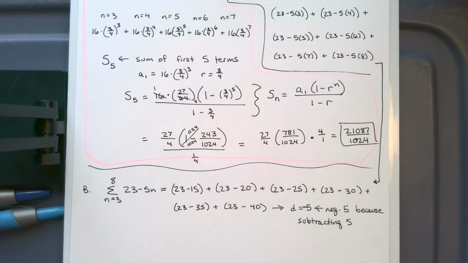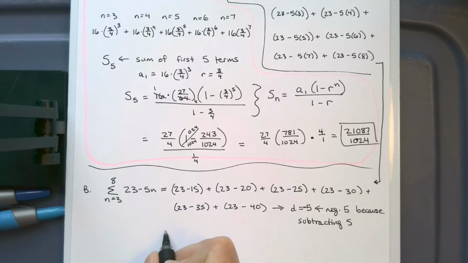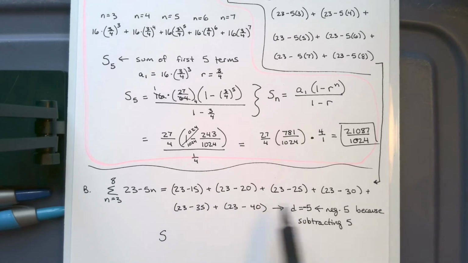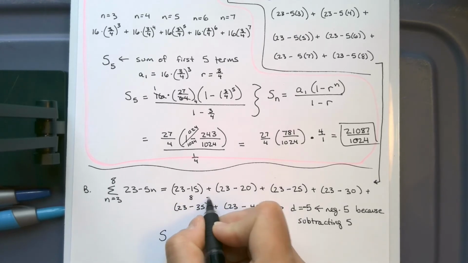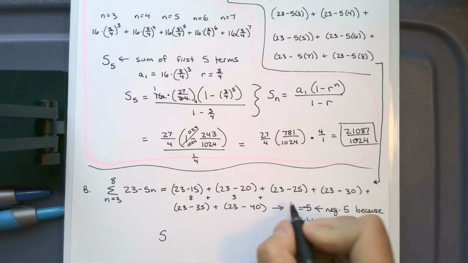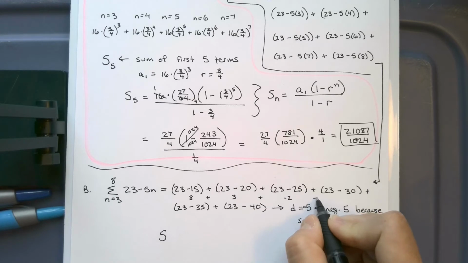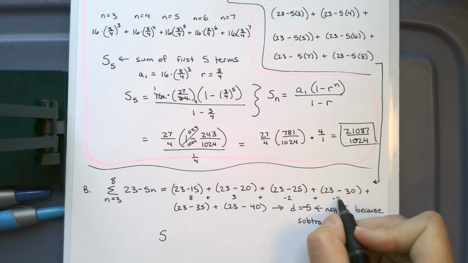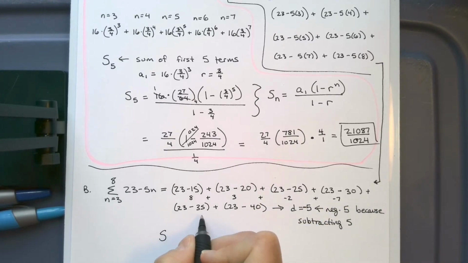So what we can do here is say, in this specific setup, I can do this by hand. I can do 23 minus 15, 23 minus 20, 23 minus 25, 23 minus 30, 23 minus 35.